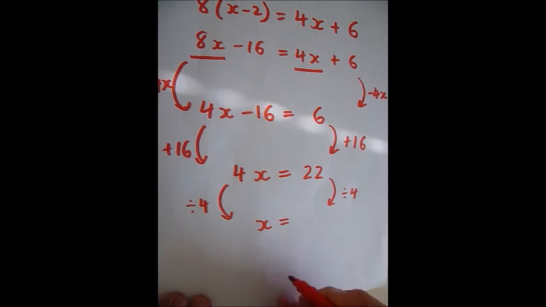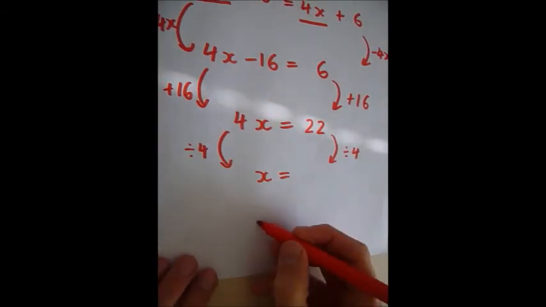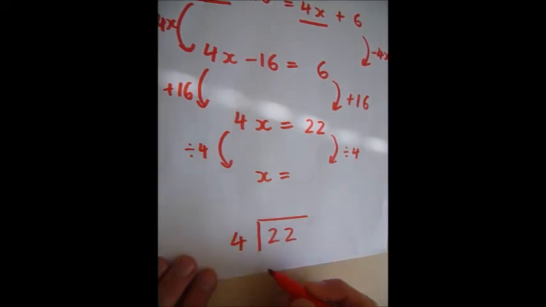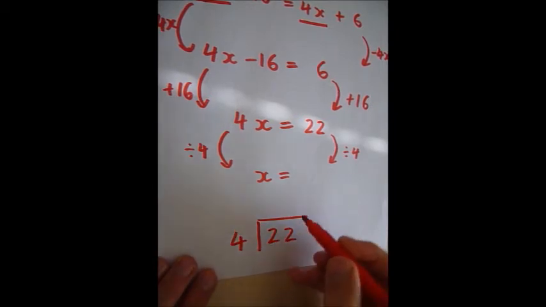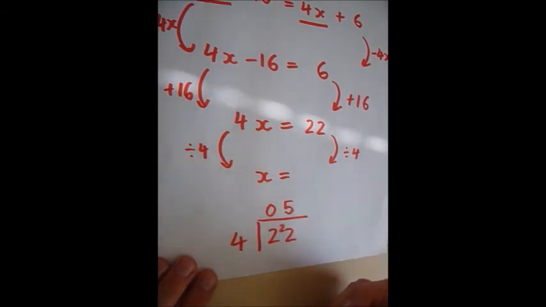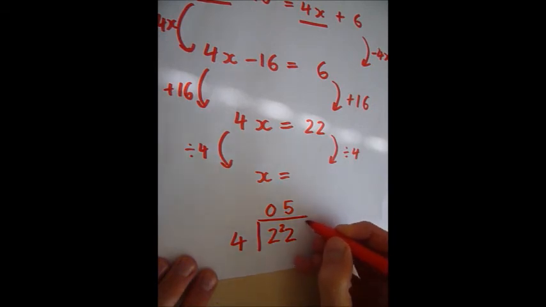Now 22 is not in the 4 times table, so I might just need to do some division, use the bus stop method just to double check. So 4's into 2 don't go, so I'm going to do 4's into 22, which goes 5 times, because 4 times 5 is 20, and that gives me a remainder of 2 again.